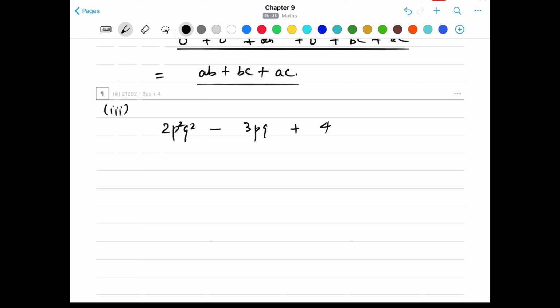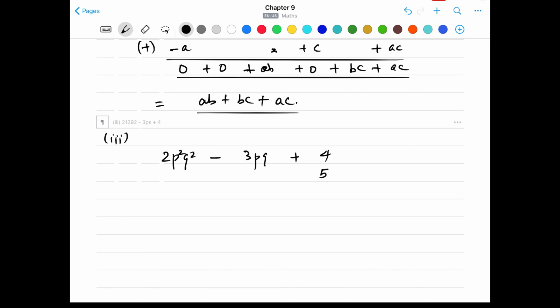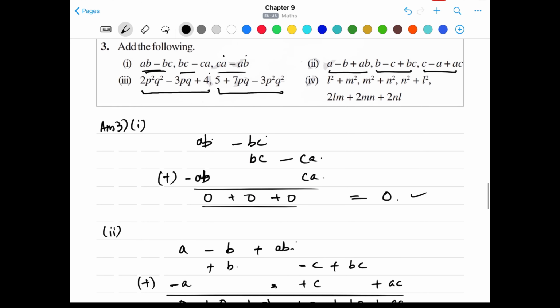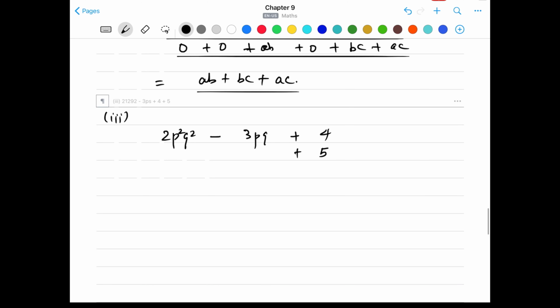And the second expression is, first we have plus 5, so 5 will be written below 4. We have plus 5. Then we have plus 7pq minus 3p square q square. So plus 7pq will be written here, and the last is minus 3p square q square.